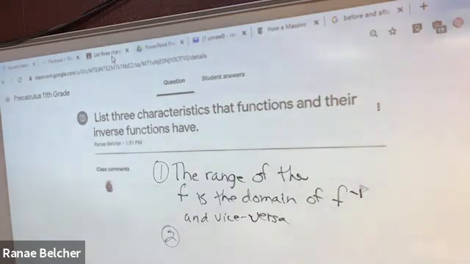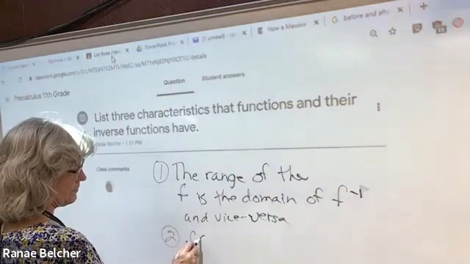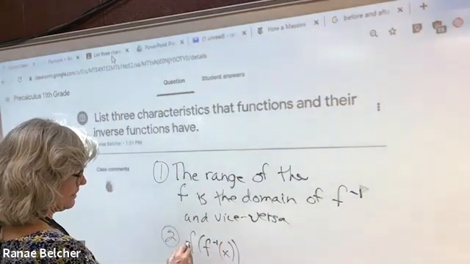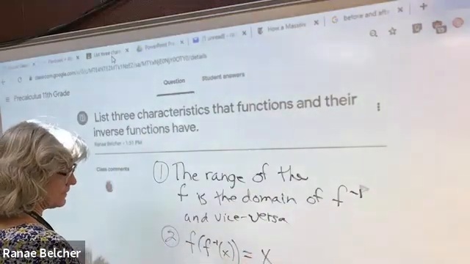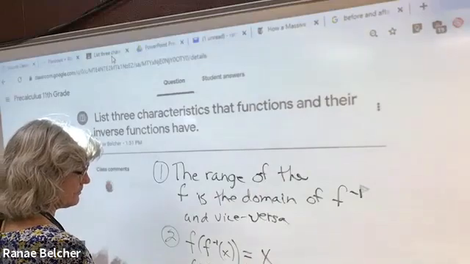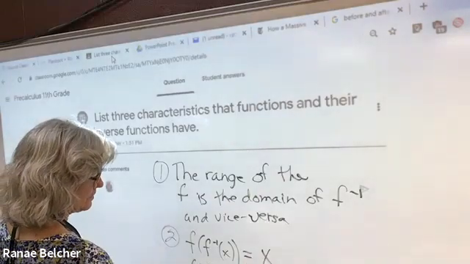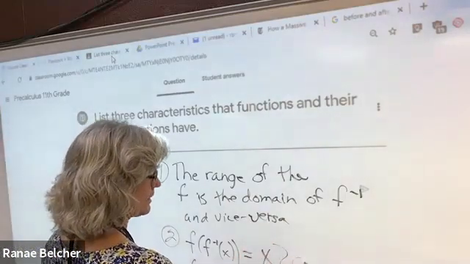A couple of y'all found that compositions of the function and its inverse, in other words f of f negative 1 of x, ends up giving you x, and same thing when you compose the original function with the inverse. Compositions yield x.